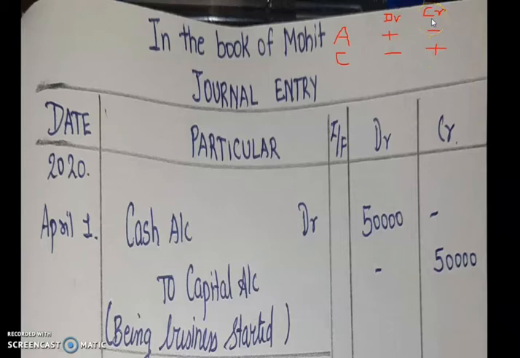It is credited. So here I have credited capital account with the same amount, that is 50,000. We know the rule that debit amount should be equal to credit amount. What is the narration? Being business started. So the first journal entry is over.